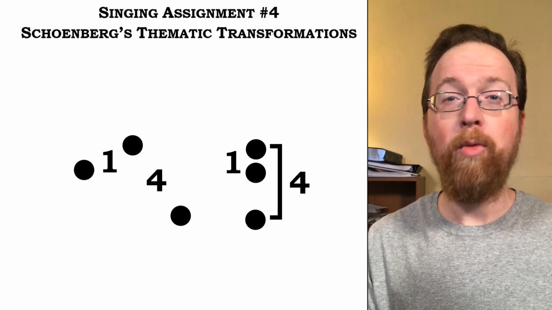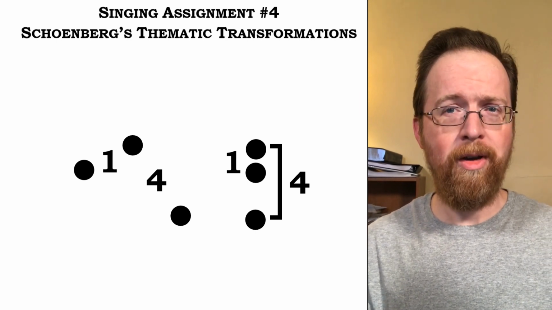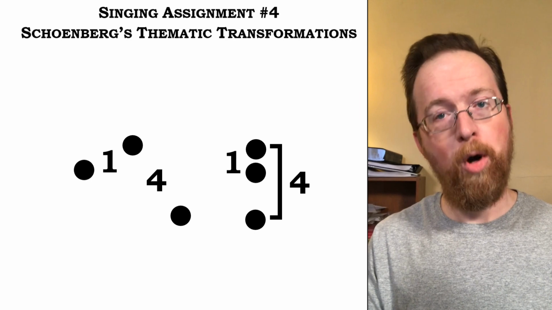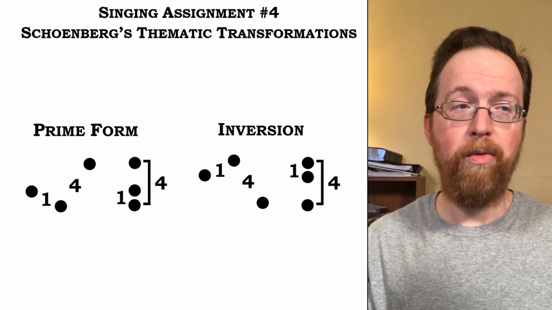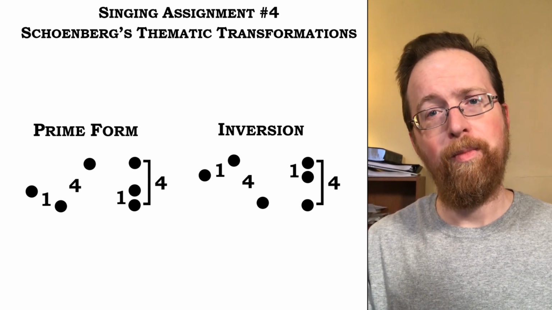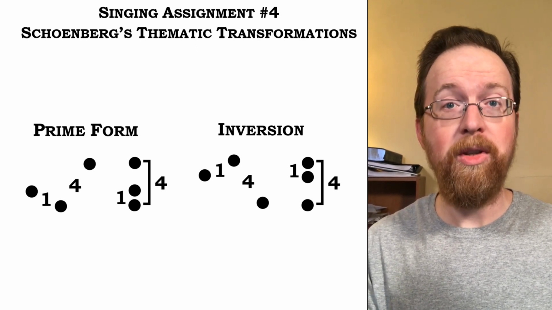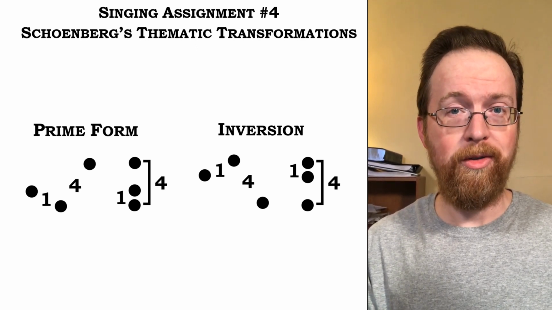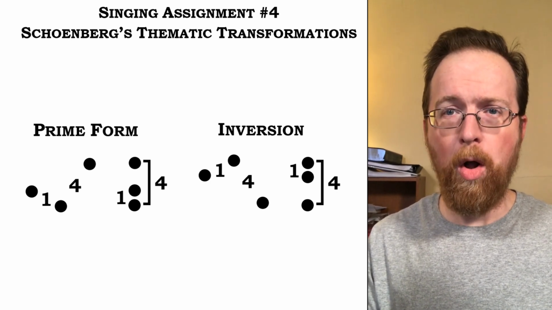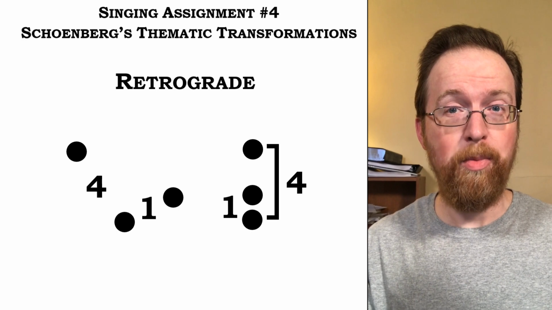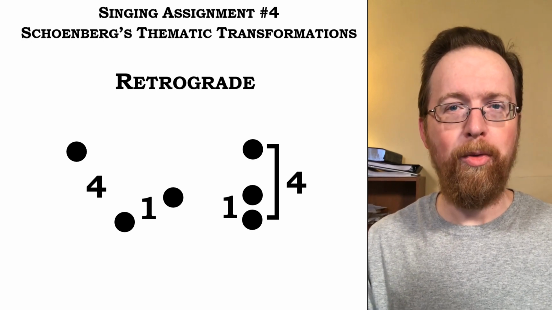Well, we reach a related but new version of our 3-note motive, appropriately called the inversion. So prime is our original version, and the inversion flips the up and down directions. There's another common derivative called retrograde, which means we walk backward through the melody.